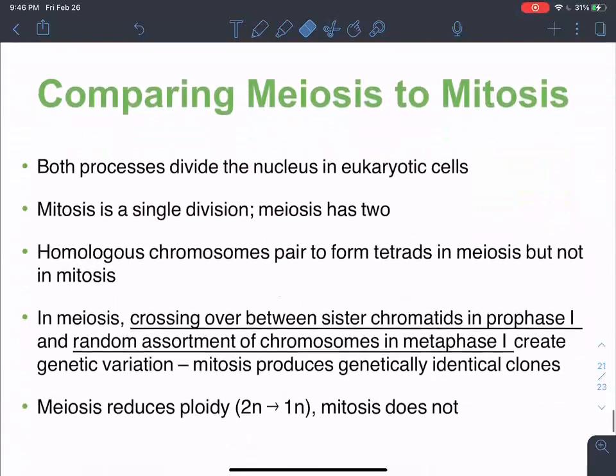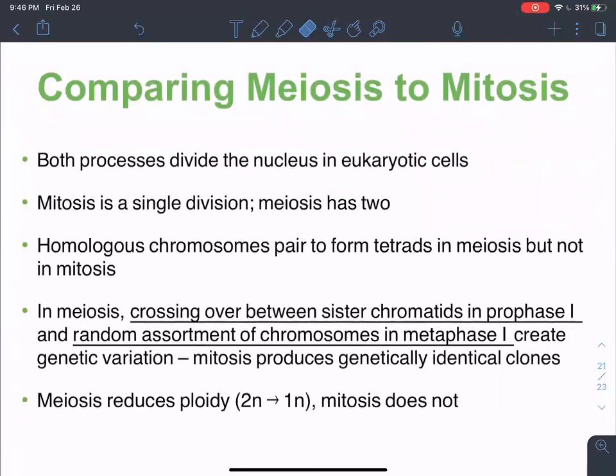All right, so let's compare meiosis and mitosis a little bit. We've been doing that the whole time, but let's break it down. Both processes will divide the nucleus in a eukaryotic cell. Mitosis is a single division event. Meiosis has 2 separate division events. Homologous chromosome pairs forming tetrads in meiosis do not occur in mitosis.